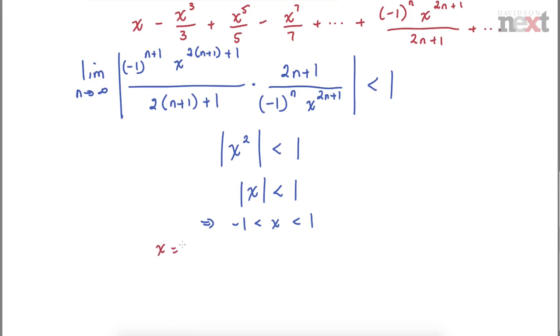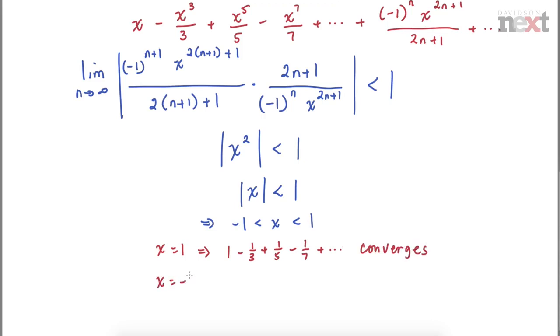At x equaling 1, what series do we produce? Plugging 1 into our expression, we get 1 minus a third plus a fifth minus a seventh and so on. And now we can use the alternating series test. Yes, the terms alternate in sign, they get smaller in absolute value and approach 0. So we do in fact have convergence at the right endpoint.